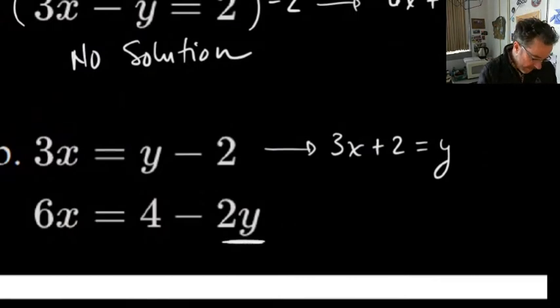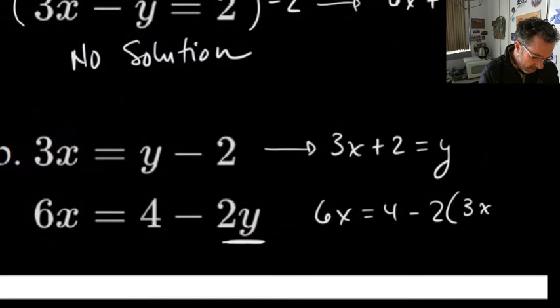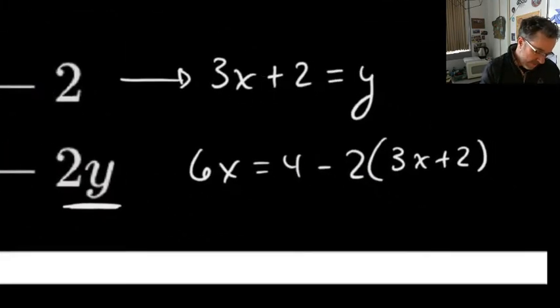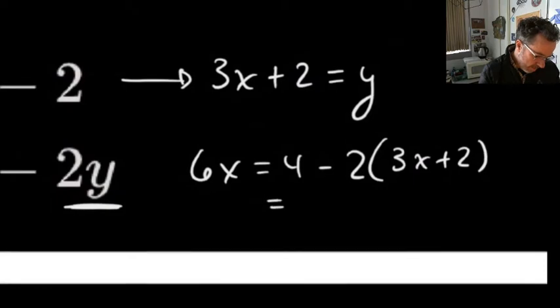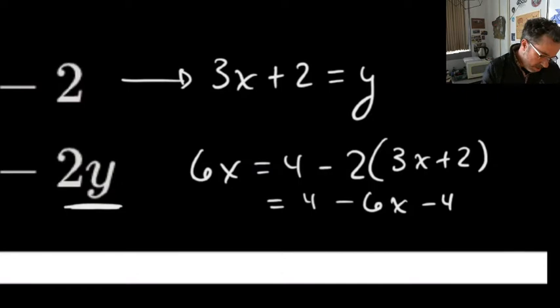So if I rewrite that, I got 6x equals 4 minus 2 times open parentheses 3x plus 2. If I distribute that, it's going to equal 4 minus 6 times x minus 4. And over here, this is 6 times x.